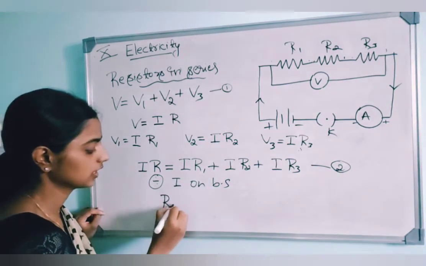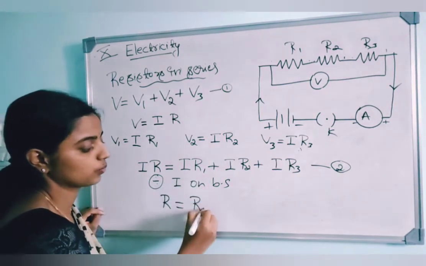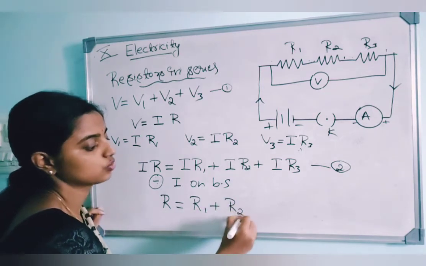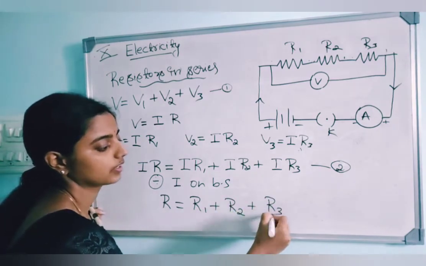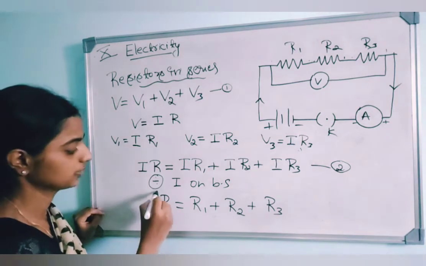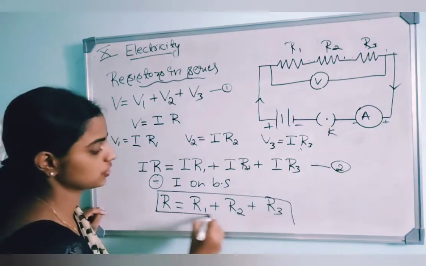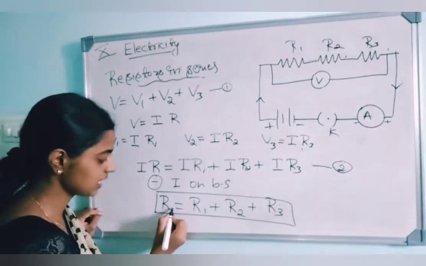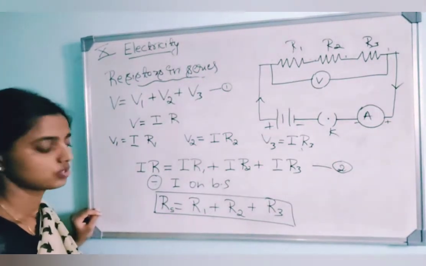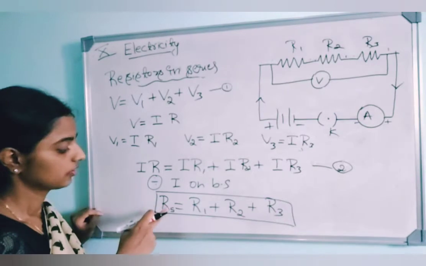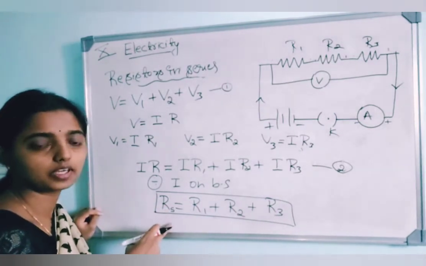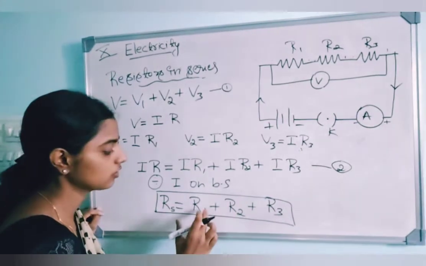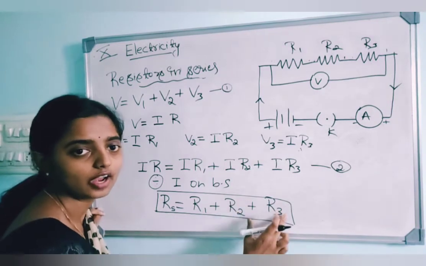So R equals R1 plus R2 plus R3. Now this is the equation for resistors in series. So let us name it as RS. The equivalent resistor in series is nothing but the sum of all the values of R1, R2 and R3.